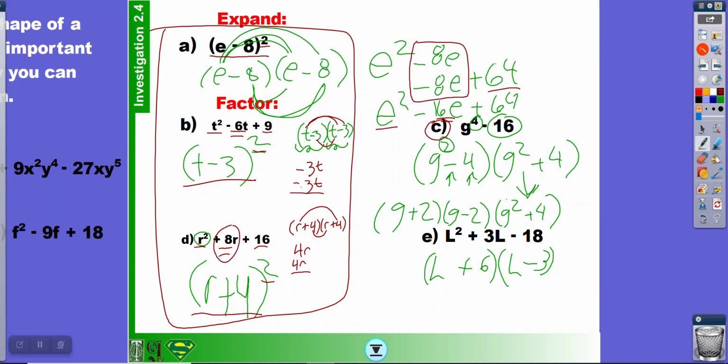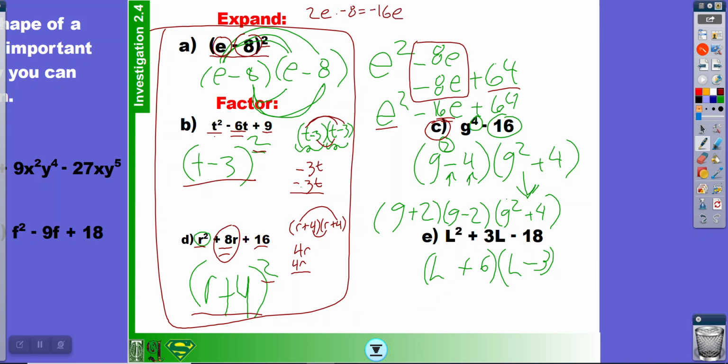So here's the shortcut. If you notice that you have 2 square terms on the ends, and the middle term is twice the square root of this term, you know it's a square binomial. On the expanding side, I could just say, well, I know I'm going to have to multiply this times this, and I'm going to get 2 of them, so I have to multiply 2 times e times negative 8, and that will give me my negative 16.